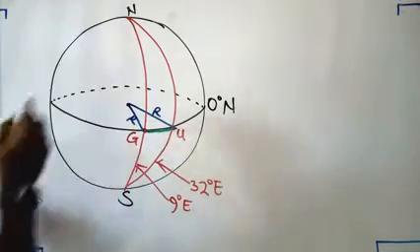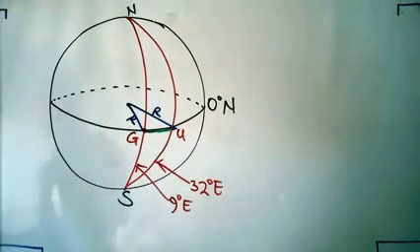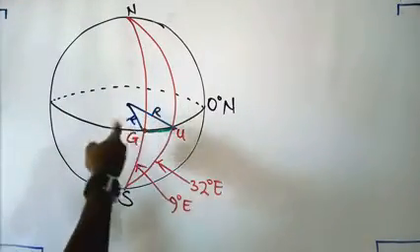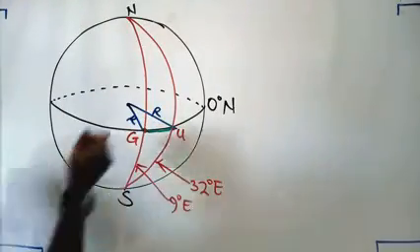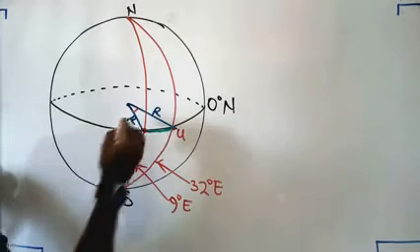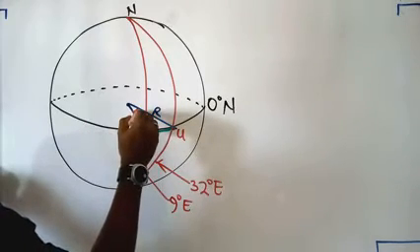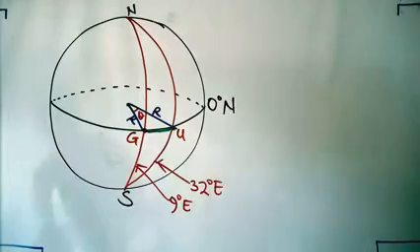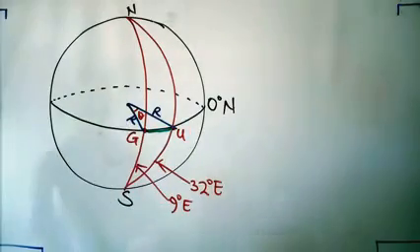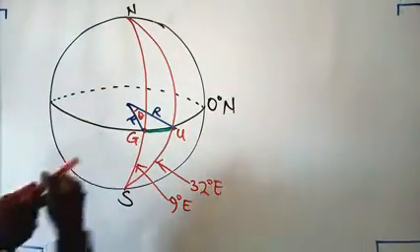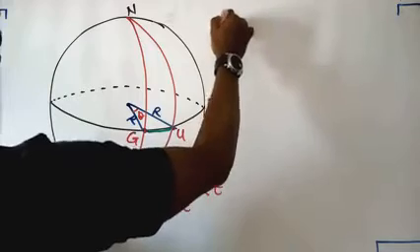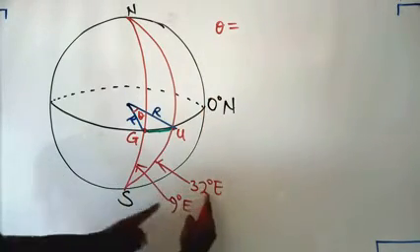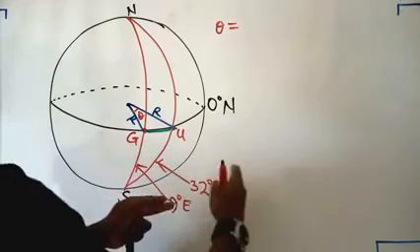I'm using capital R because this radius is the radius of the Earth. And this is the angle at the center. Let's call the angle at the center theta for now. So the first thing you want to do is to calculate theta, which we call the angular difference. Theta is the difference between these two numbers, because they are on the same side.